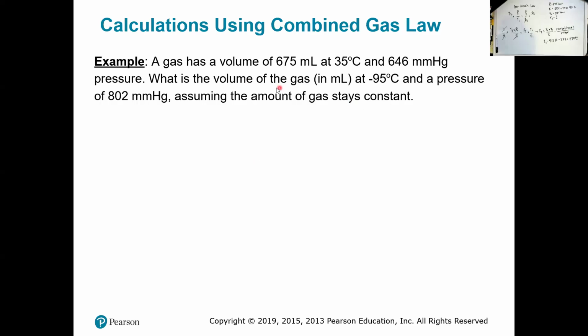Okay. So here's just an example. We'll use the combined gas law to solve for this. We'll start by writing out the information that they give us. Let's label this combined gas law.